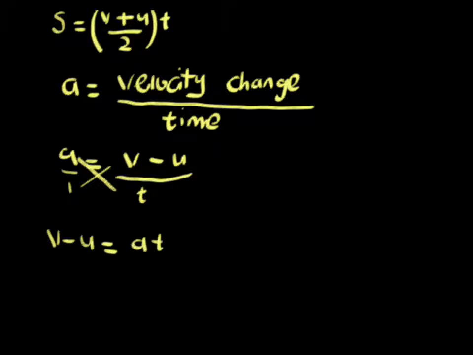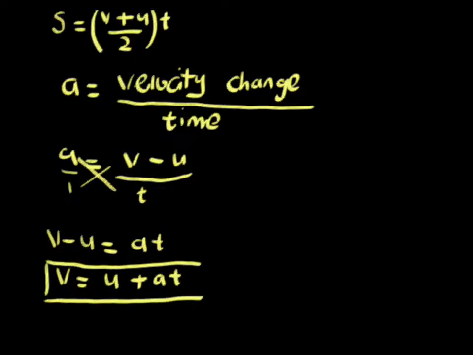If we should move this negative u over here, it becomes positive, and our formula for velocity, which would be our first formula for rectilinear motion, is v equals u plus a t. This right here will be our first equation for rectilinear motion: v equals u plus a t.